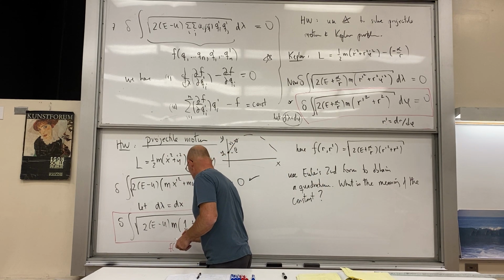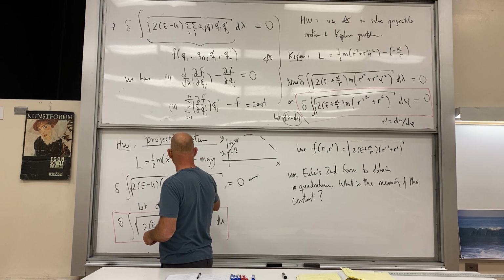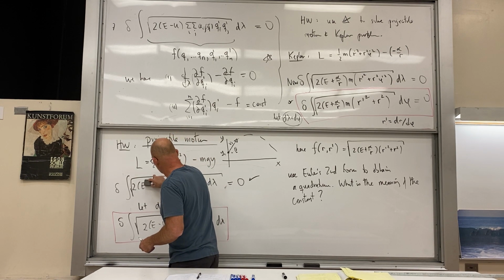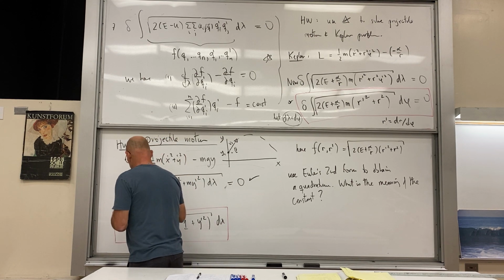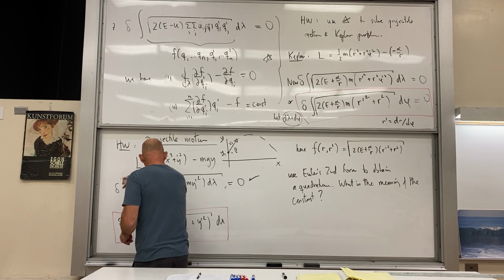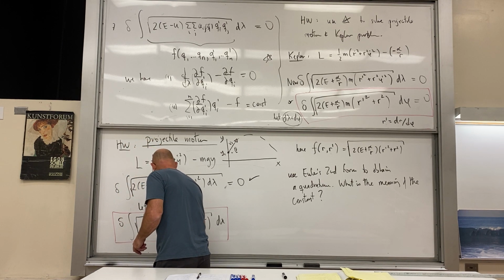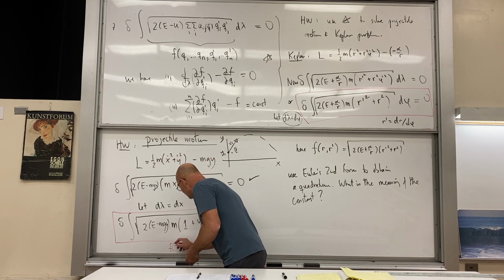So this is our f of, okay, we were actually concrete here, so let's be concrete with the potential energy: E minus mgy. So this is an f of y and y prime.